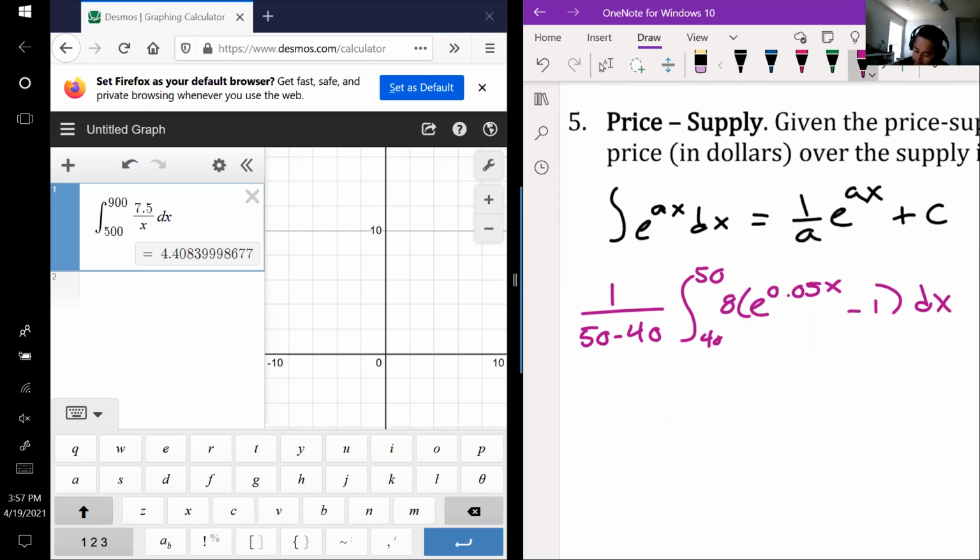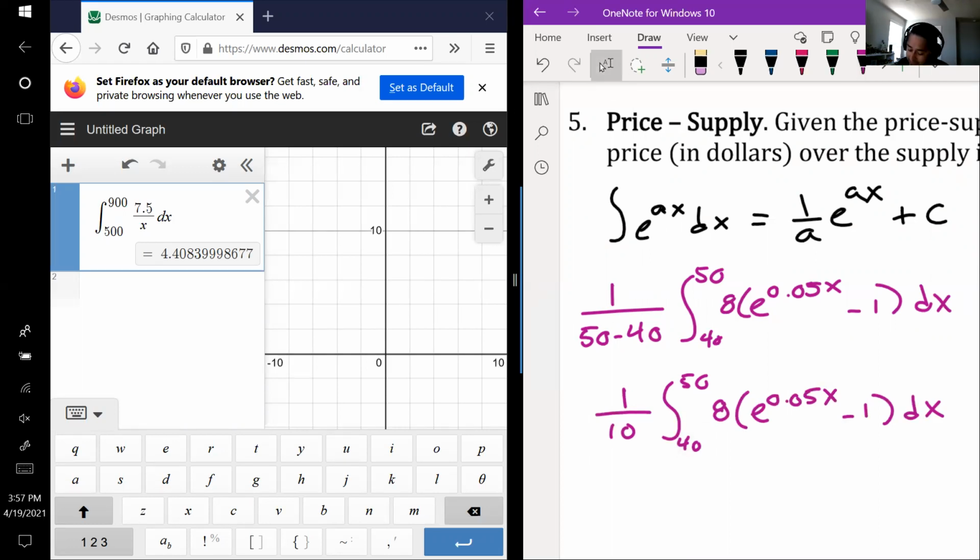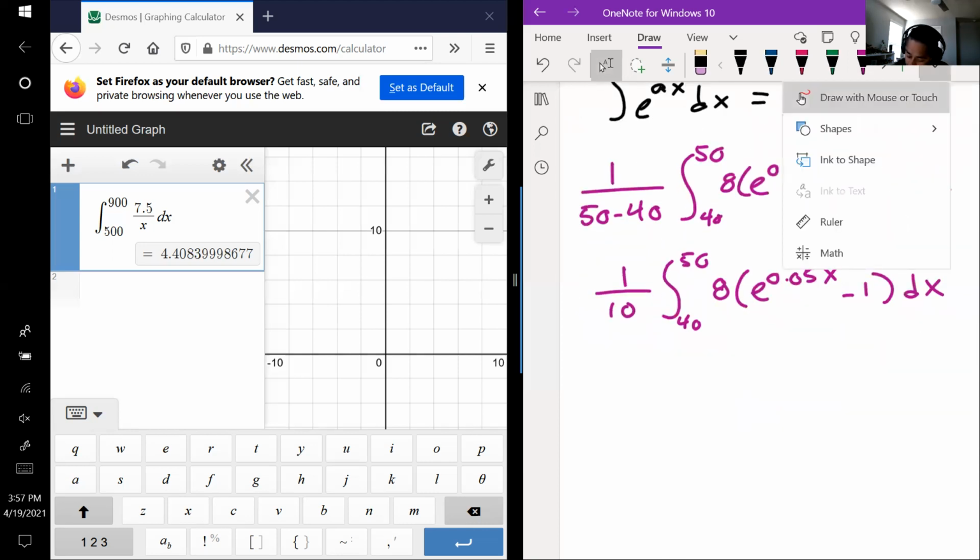And we know that this will give us 1 over 10 times the integral from 40 to 50 of 8 times e to the 0.05x minus 1 dx. And what we're going to do here is factor that 8 out.